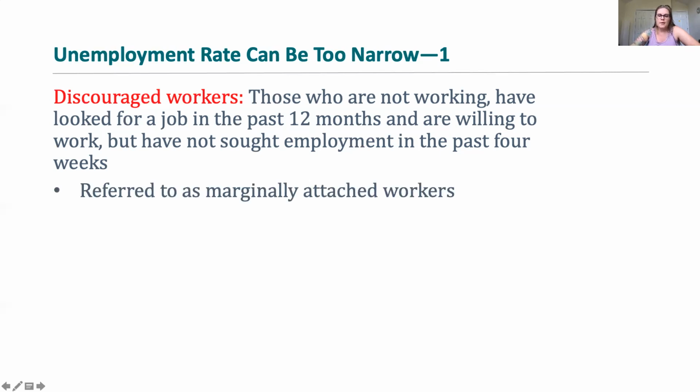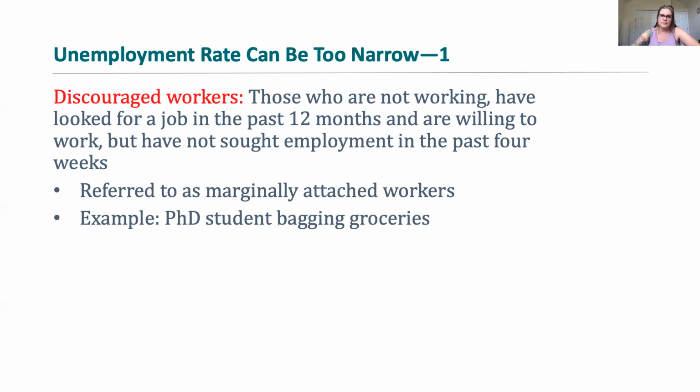These also are people who economists sometimes refer to as marginally attached workers, because they want to work, but they're not working and they're not actively looking. An example of this is somebody who is working towards their PhD, is in the last year where they're writing their thesis and needs some income.